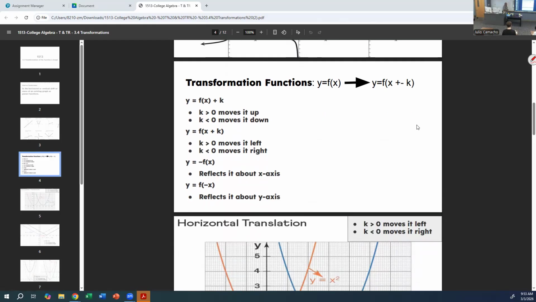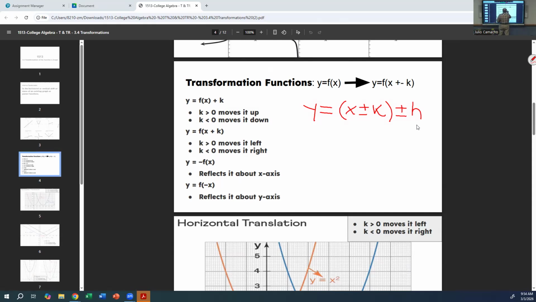Okay. So that is the equation that we have to learn. And I will put the whole equation here. y is equal to x, and that can be plus or minus k, plus or minus h. That is your equation. And not always do you have this whole equation. Sometimes the h is not there, only the k. But what is the difference?